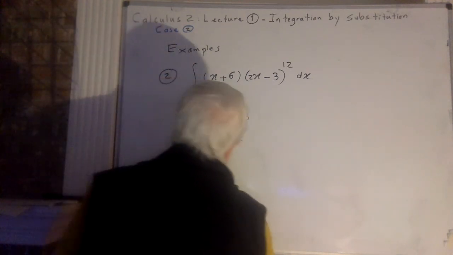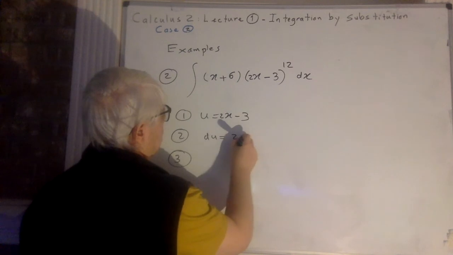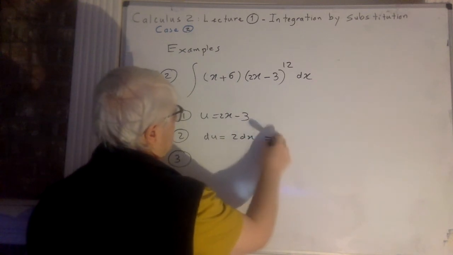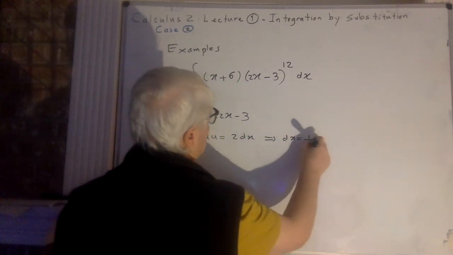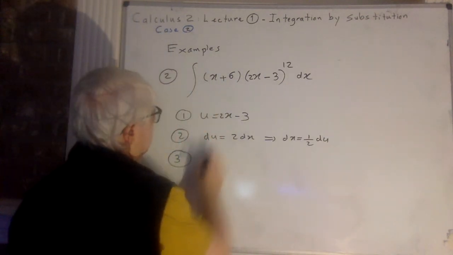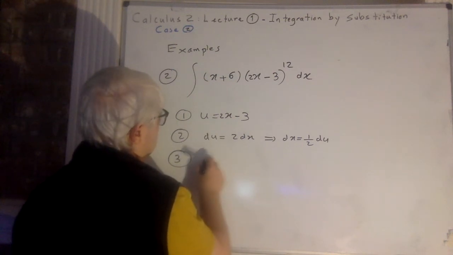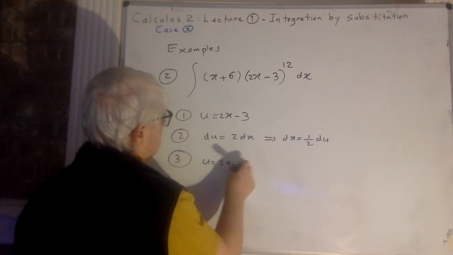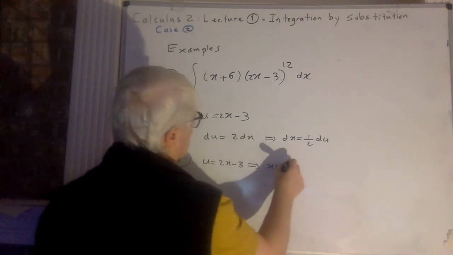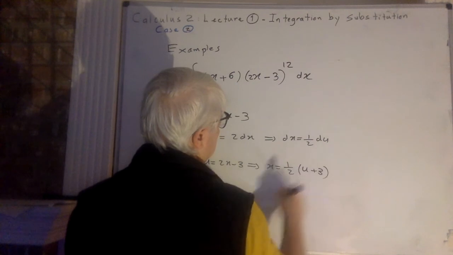Then I have du is 2dx, and this gives me dx is 1/2 du. Okay, so this third one will be solve for u. So I have u equals 2x minus 3, so this gives me x is 1/2 of (u plus 3).